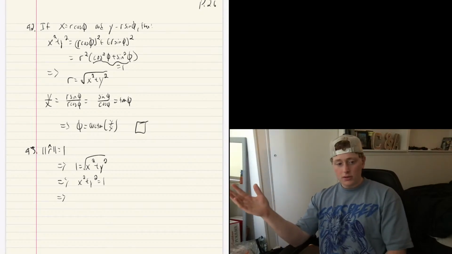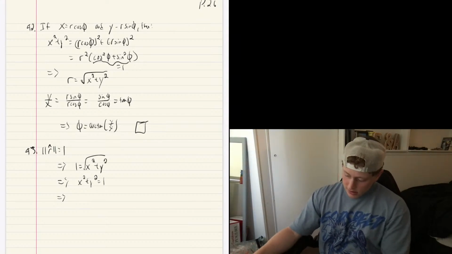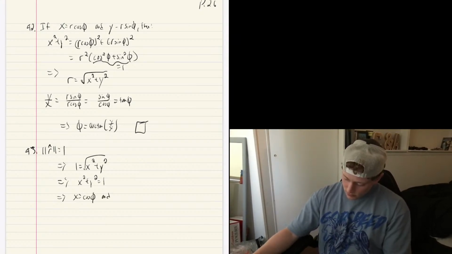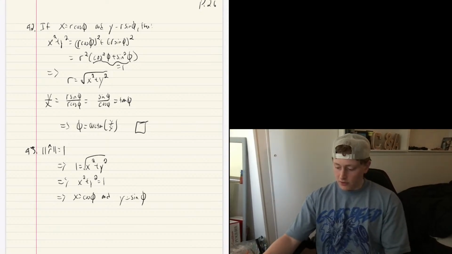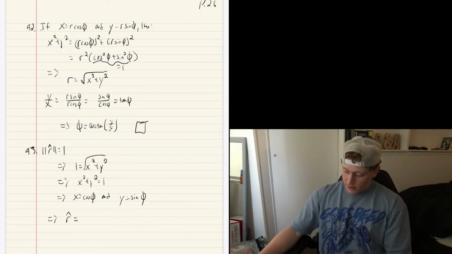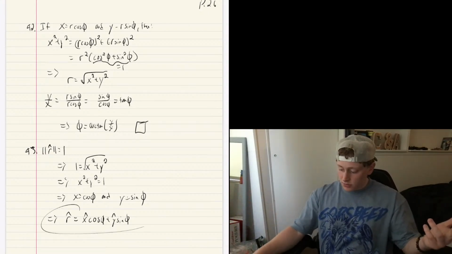No, the magnitude x has to be cosine. So x equals cosine phi, because this is just magnitude. So the magnitude x is cosine phi, the magnitude y is sine phi. So therefore our vector should just be x times cosine phi plus y sine phi. How is that wrong?